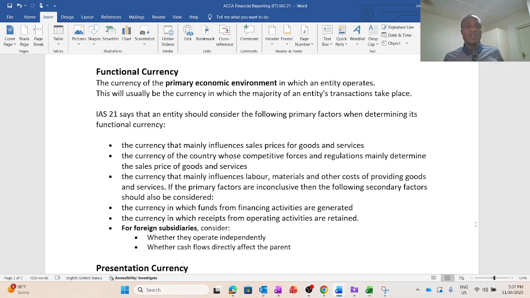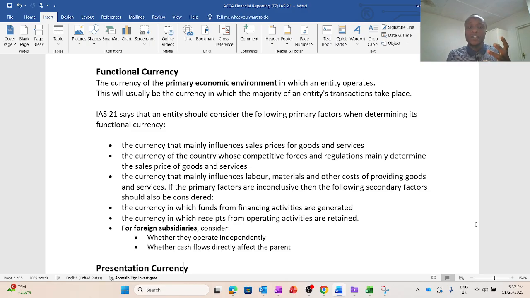The functional currency is the currency of the primary economic environment in which an entity operates. This will usually be the currency in which the majority of the entity's transactions take place. IAS 21 says that an entity should consider the following primary factors when determining its functional currency.